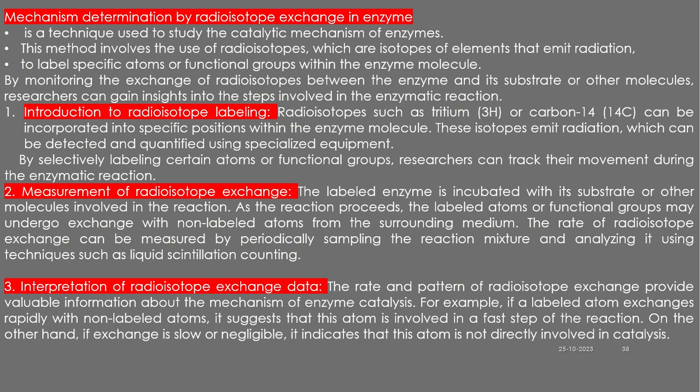So which are the isotopes of the elements that emit radiation? Emission of the radiation through the isotopes can be measured. For that, you first have to specifically label atoms or a functional group within the enzyme molecules.